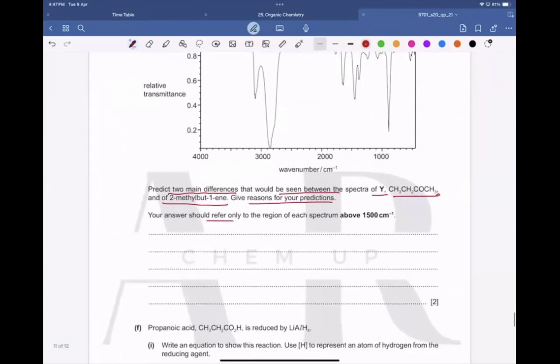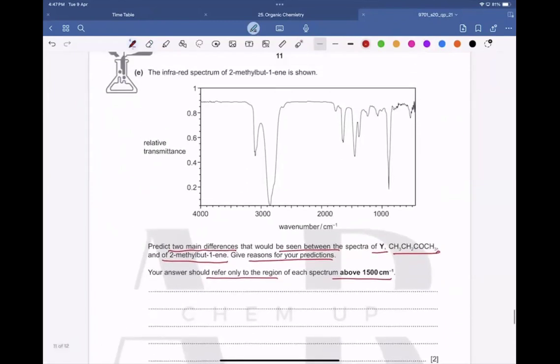Your answer should refer only to the region of the spectrum over 1500 centimetre inverse. This is of 2-methyl butene, and this is Y. So we have to find out the two differences between these two.